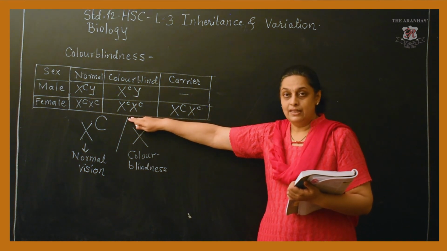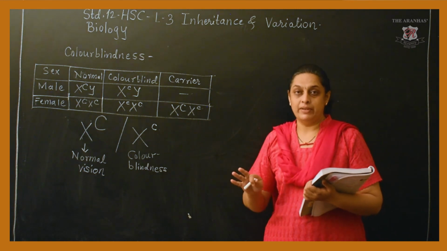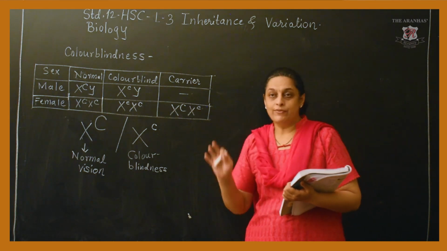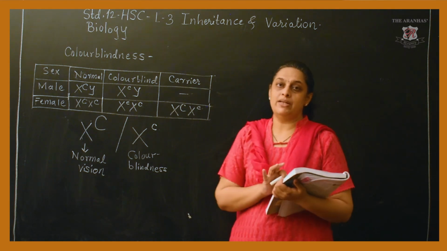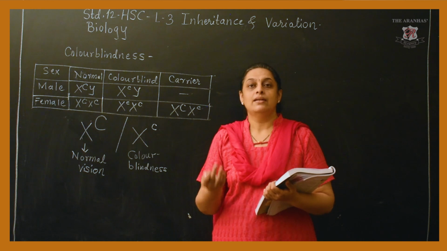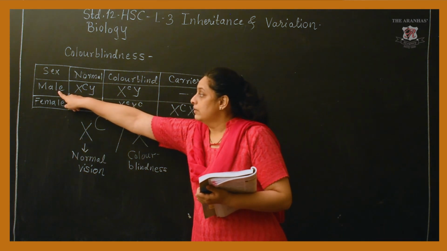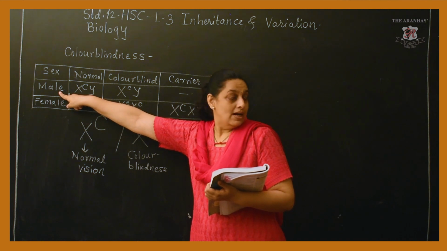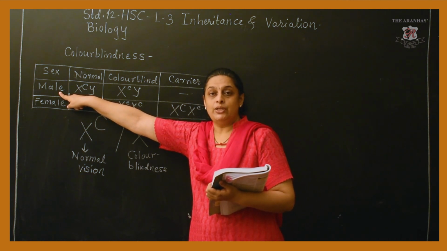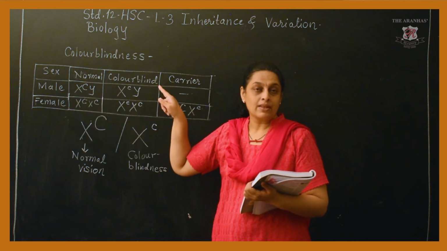And now, in the table, I have written a variety of combinations. First understand how these combinations are to be written, and then we will see different crosses. In the first row, I am writing genotypes of male individuals.